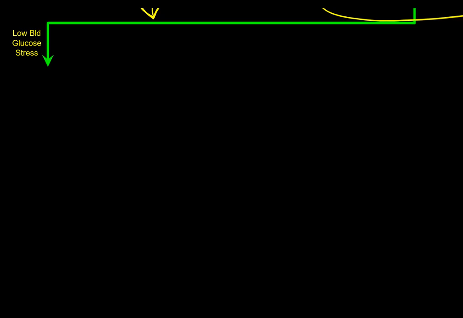If you're experiencing low blood glucose, if you're experiencing stress, okay, that actually causes the release of growth hormone releasing hormone. I wonder what growth hormone releasing hormone causes the release of. So growth hormone releasing hormone actually goes to the anterior pituitary and it causes the release of growth hormone.